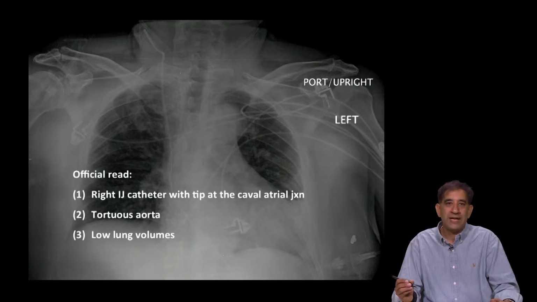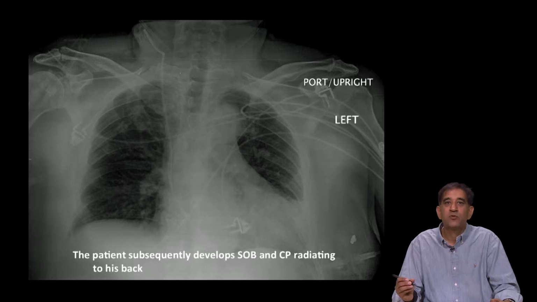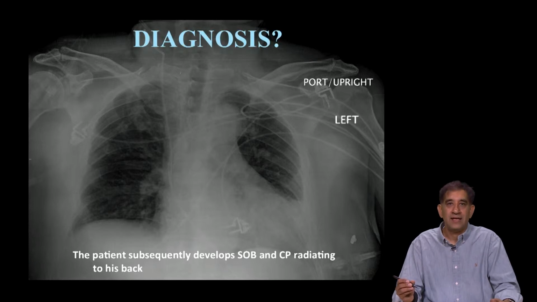The official read is a right IJ catheter with the tip at the caval atrial junction, a tortuous aorta, and low lung volumes. But look very carefully at this patient who subsequently develops shortness of breath and chest pain radiating to his back. What do you think is the diagnosis?